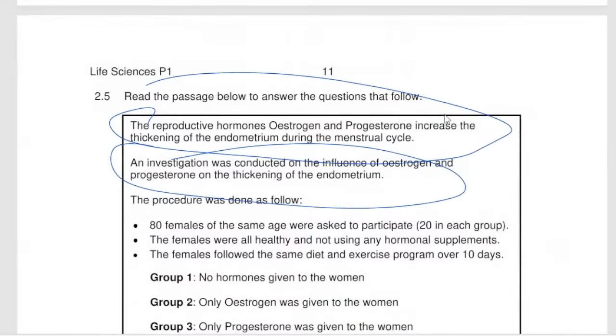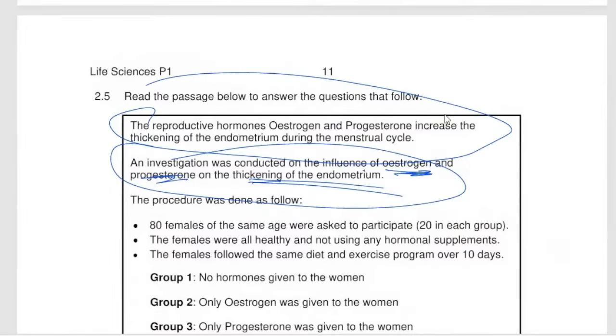The reproductive hormones estrogen and progesterone increase the thickening of the endometrium during the menstrual cycle. An investigation was conducted on the influence of estrogen and progesterone on the thickening. You see, estrogen and progesterone are independent, while the thickening is dependent on the level of estrogen and progesterone present.